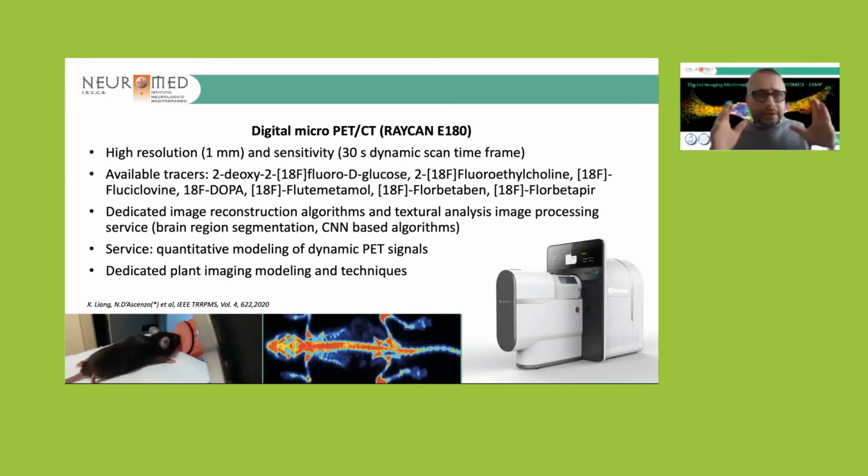We have dedicated image reconstruction algorithms, textural analysis image processing service, and in particular also dedicated plant imaging modeling and techniques. Let us see what can be done using such a device.